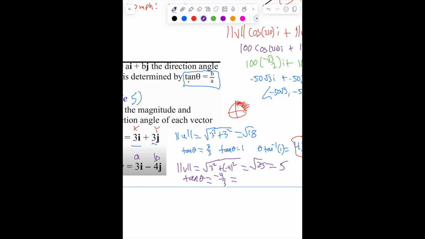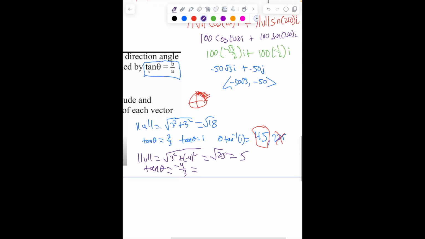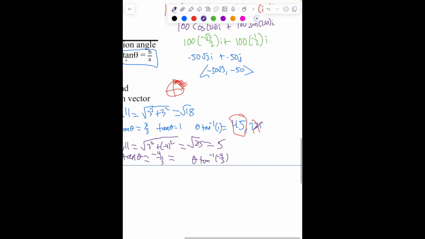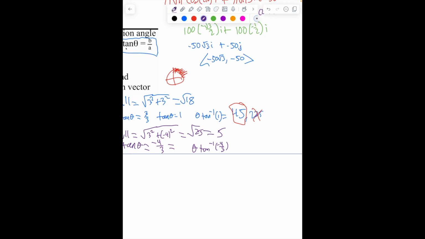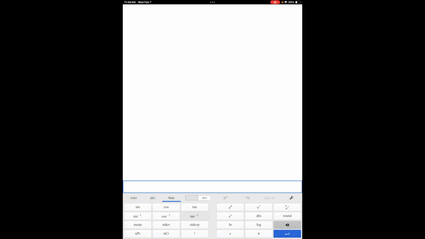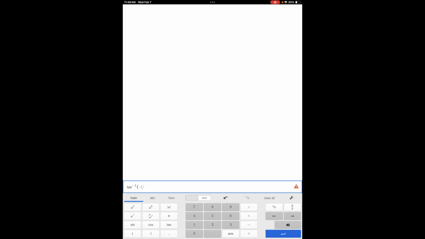Where on my unit circle does tangent of theta equal negative 4 over 3? I can't find that one on my unit circle, but if I type it into my calculator, let's do that. Inverse tangent of negative 4 over 3, and we get about negative 53.1.